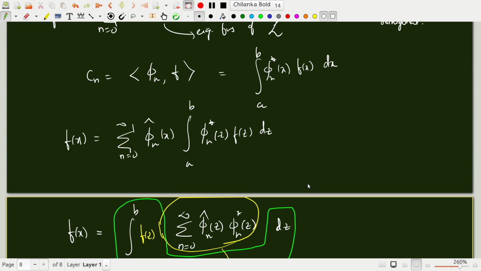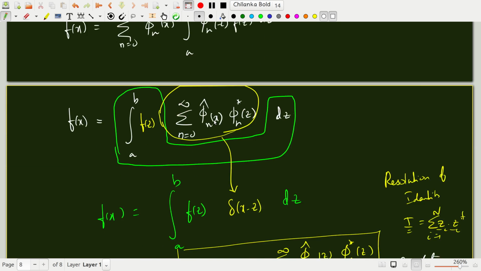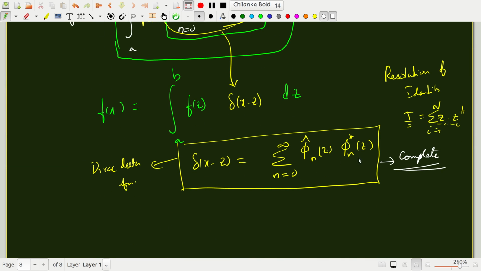Phi n is a function of x, so this is x, and only this part is z, because you have x and z, and obviously you need to have x and z on this side as well. So this is called the condition for completeness of eigenfunctions.